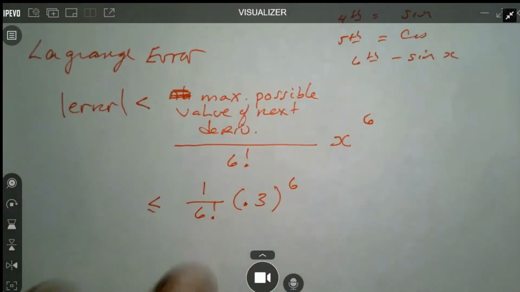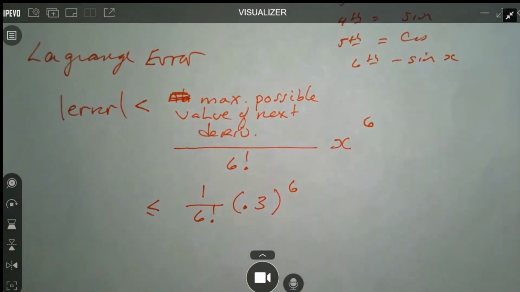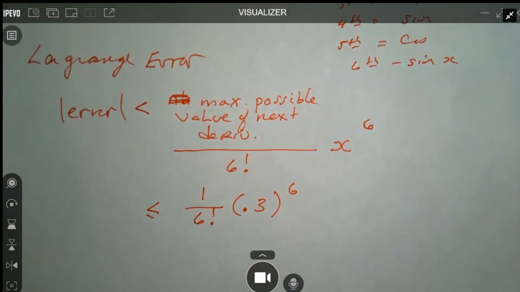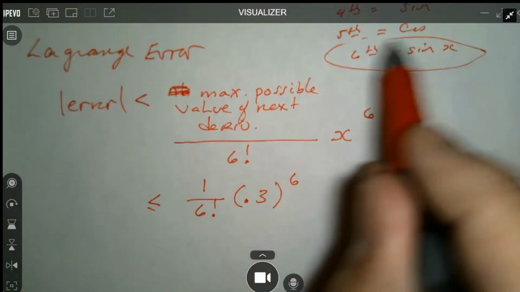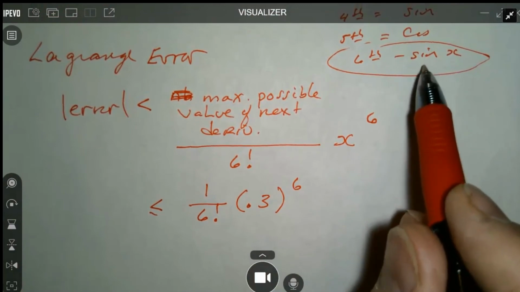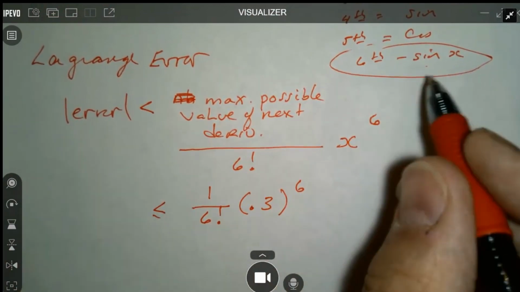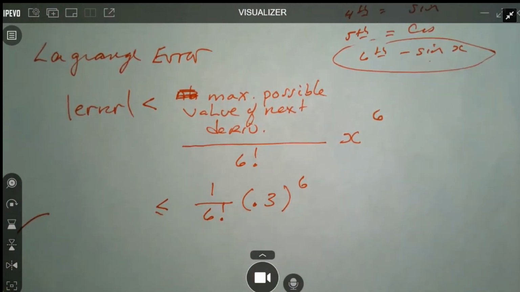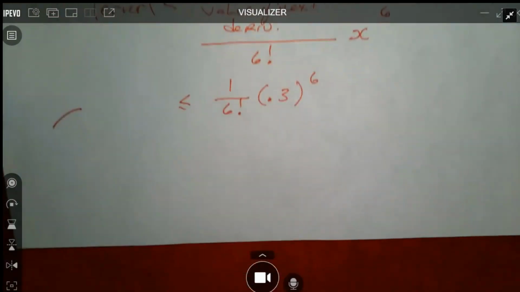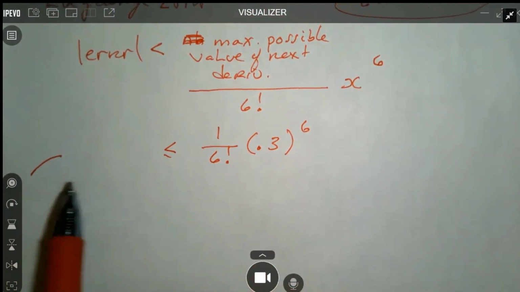But actually, to be more precise, what you could say is, if you look at the sixth derivative here, notice that sine function, sine is in absolute value. This should be an increasing function from say 0 to 0.3.